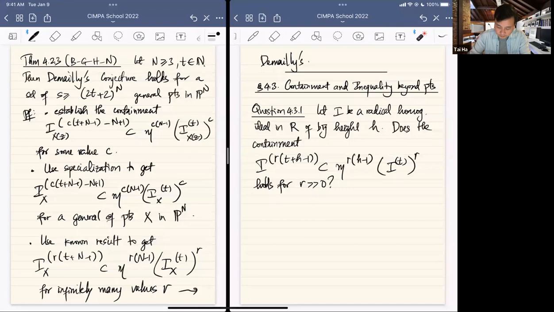And then you can also ask, for all r and t, maybe it's true, maybe it's not, right? Or you can also ask, what happens to equalities that look like Demailly's or Chudnovsky's equalities? So let I be as before.